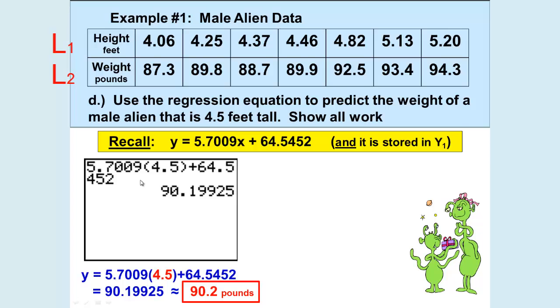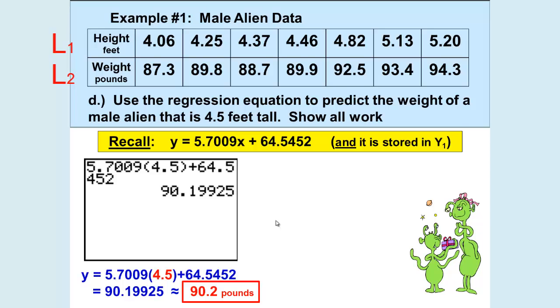This is how you would type it in the calculator. Notice that it will wrap around, and that gives you 90.19925, which we will round to 90.2 pounds. Again, we round to the same number of decimal places as our original data. Follow your teacher's rounding rules; I'm following Mrs. Borlaug's rounding rules.